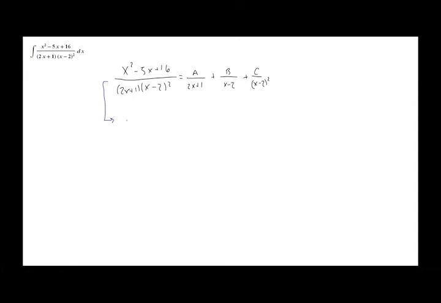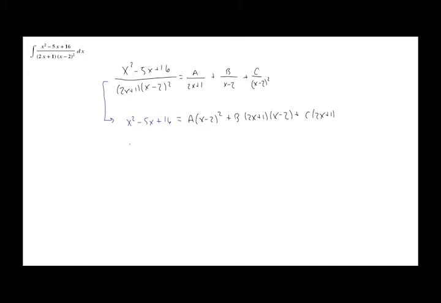When I do that, this whole equation is going to give me x squared minus 5x plus 16, which is going to equal A, and then I'm going to have a 2x plus 1... I'm going to have my A, and I'm going to have x minus 2 quantity squared. Then I'm going to pick up a B, I'm going to have a 2x plus 1, and then an x minus 2. Then I'm going to have a C, and then a 2x plus 1.